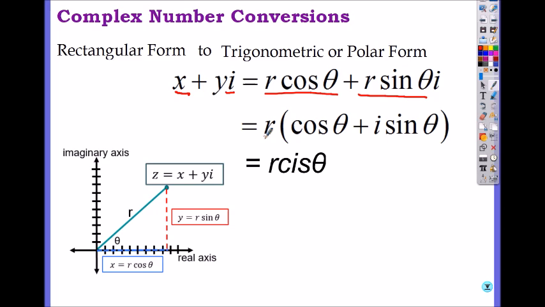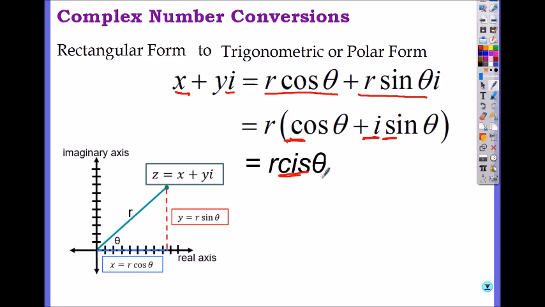So it's r times parentheses, cosine theta plus i sine theta. That's polar form. A lot of times, we just simplify it and write r cis theta, where cis is cosine plus i sine. So we can save lots of lead and ink.